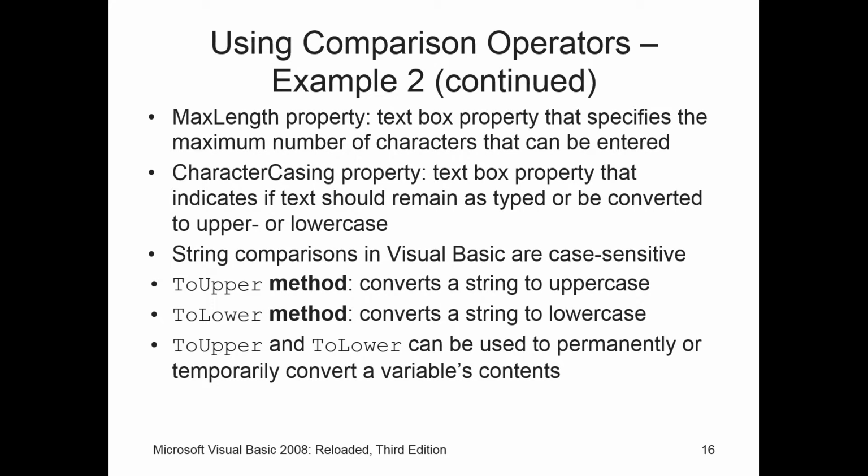And using that, you can eliminate possibilities of having more than one character in that operation text box. The CharacterCasing property indicates if the text should remain as typed or be converted to upper or lower case. You can go into the CharacterCasing property in the text box and just change that to whatever you want.